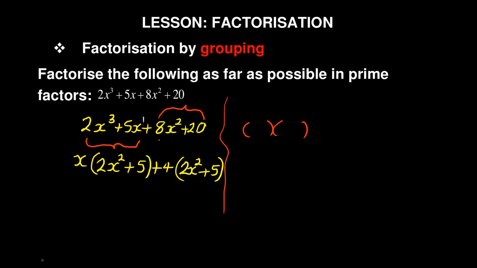Now look at the brackets, 2 similar brackets, which means I can now come up with my first bracket, and my first bracket is the one already inside the brackets, 2x squared plus 5, and the second bracket is what is outside the bracket.